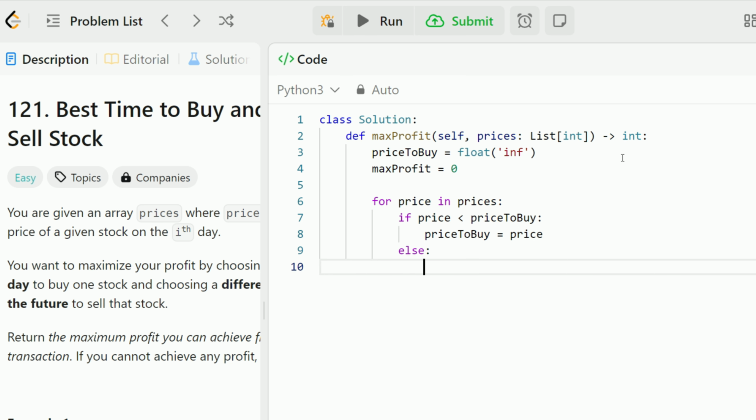Else, now we have the ability to make a profit. So our max profit is equal to the max between max profit and the current profit that we can make, in this case, the price minus the price to buy. And then we simply return our max profit, and let's run the algorithm.